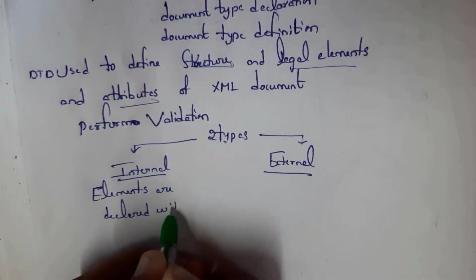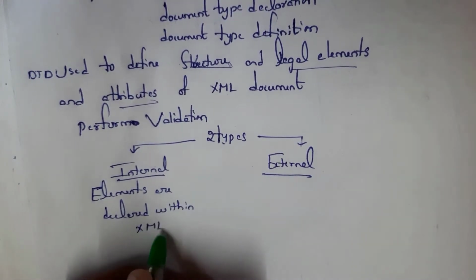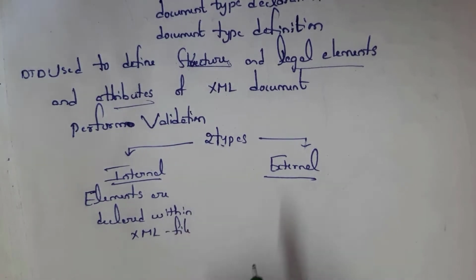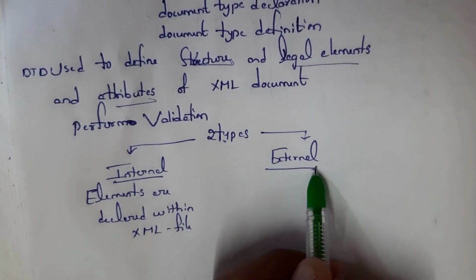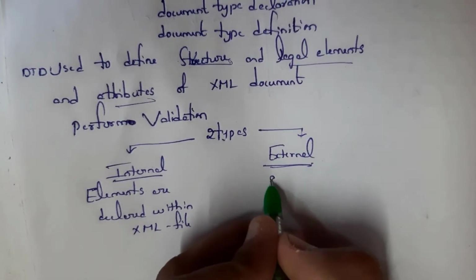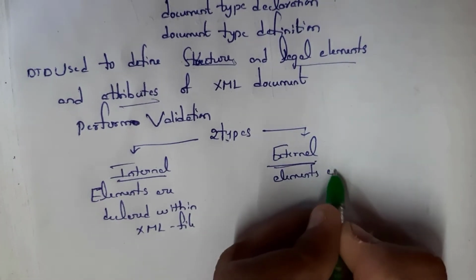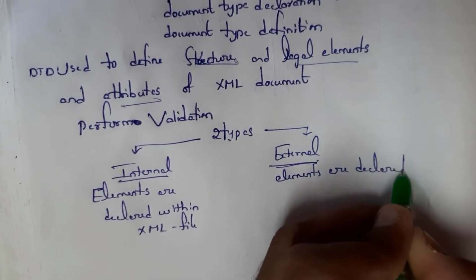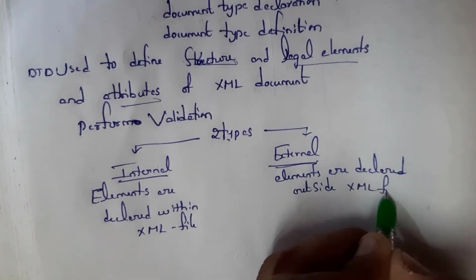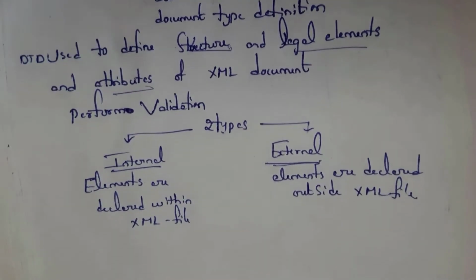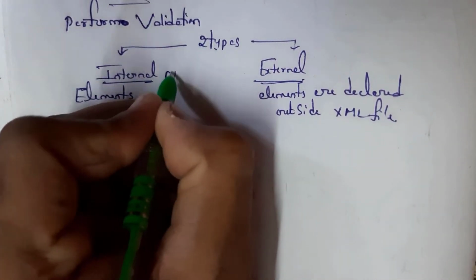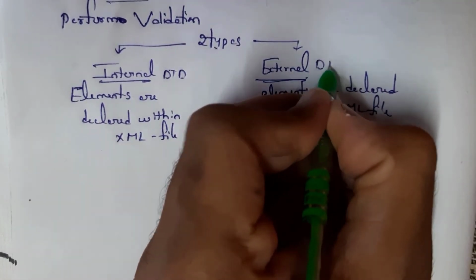See, in internal, elements are declared inside the XML file, whereas in external, elements are declared outside the XML file. This is known as internal data type definition, and this is known as external data type definition.